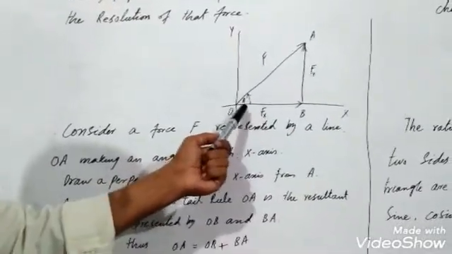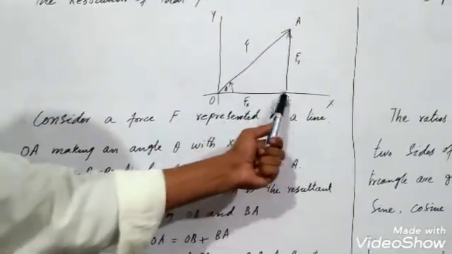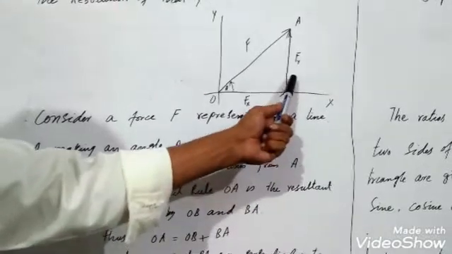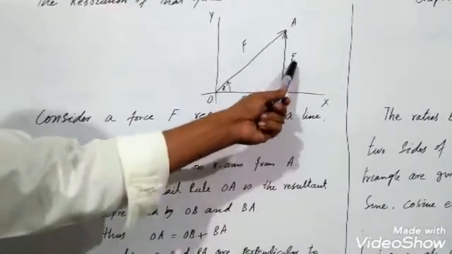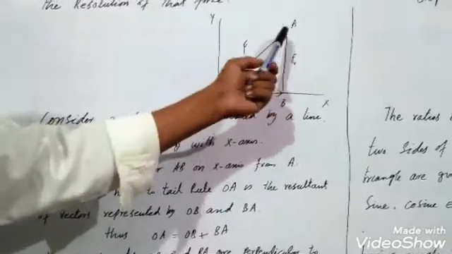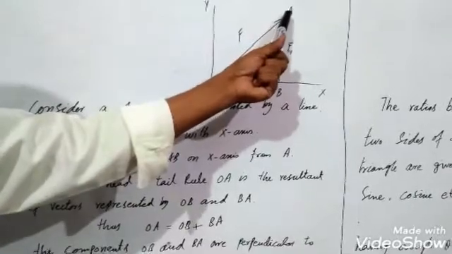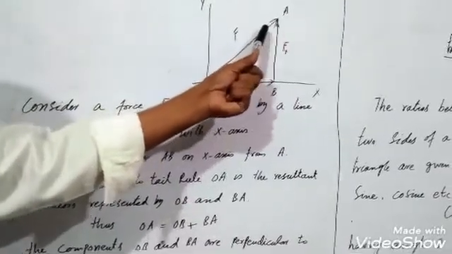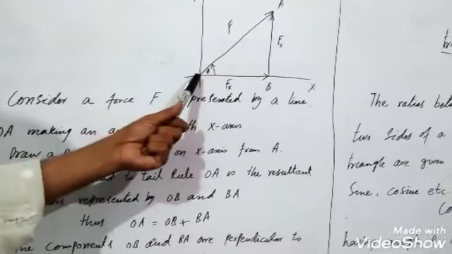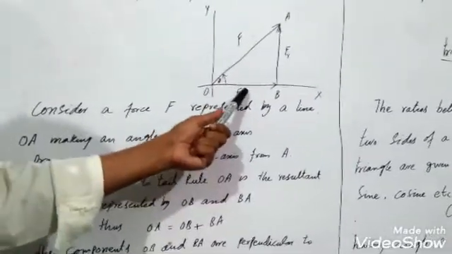So let us have two vectors OB and BA. The head of OB coincides with the tail of vector BA, and at the last the head of vector A joins the tail of vector B.